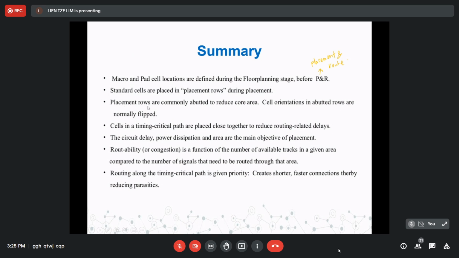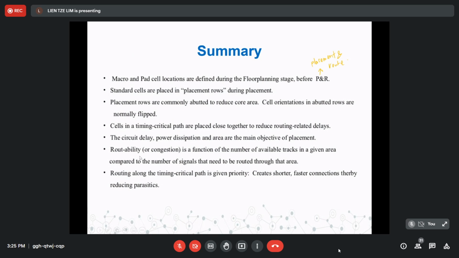Placement rows are commonly abutted to reduce core area. Cell orientations in abutted rows are normally flipped. Cells in a timing critical path are placed close together to reduce routing related delay. The circuit delay, power dissipations, and area are the main objectives of placements.